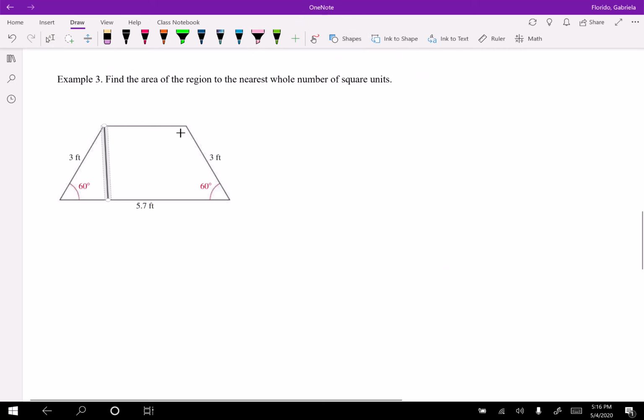I'm going to drop another perpendicular line here. It looks simple, but it's not. And there we go. Oh, it looks a little crooked, so I'm just going to move it a little bit. So I think that might work out.